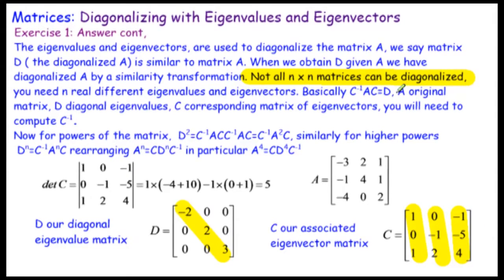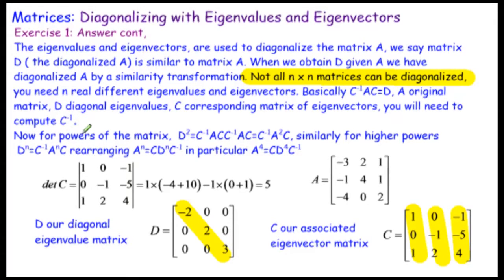It's here, and that's actually equal to D. So A is the original matrix, D the diagonal eigenvalues, C the eigenvectors. Now, you're going to need to compute this inversion of C, inverted matrix C, here.